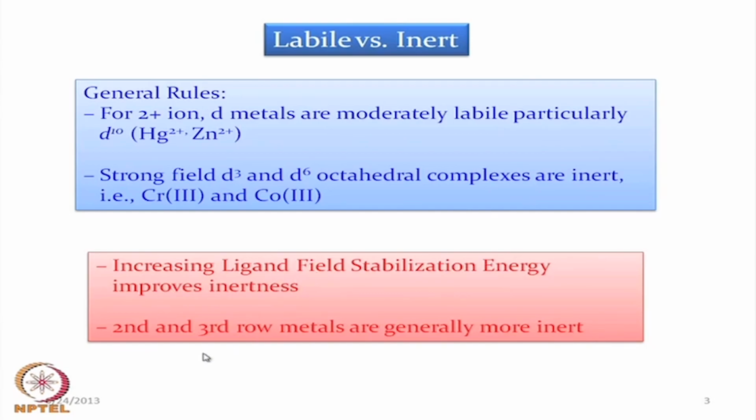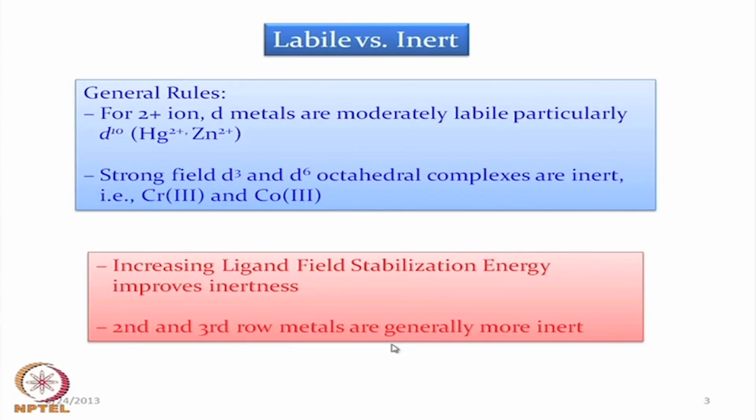And compared to the first row transition metal ions, the second row and the third row transition metals are generally more inert. We know the ligand field splitting is more. So, if we move from iron to ruthenium to osmium, similarly from nickel to palladium to platinum, we will find that ruthenium and osmium as well as palladium and platinum can show more inert complexes.